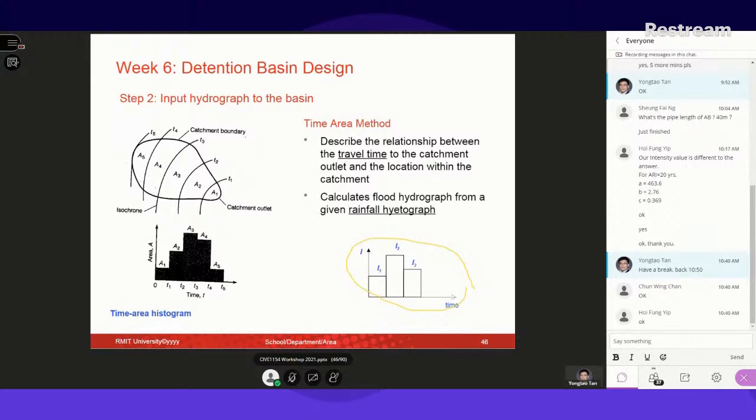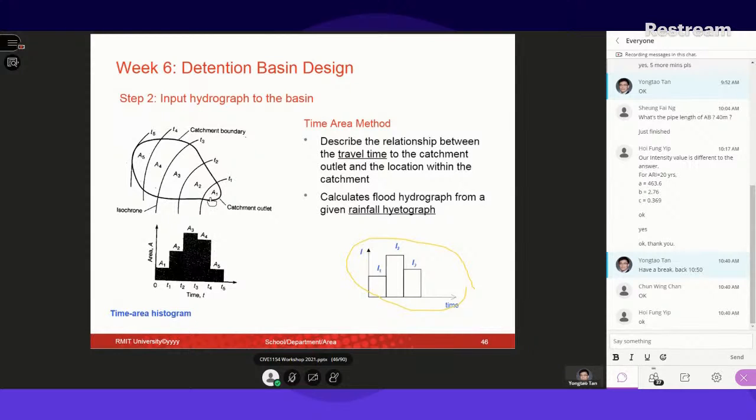Now for the rural catchment, isochrone lines are used based on the travel time to the catchment outlet. For example, here we use the isochrones to divide the catchment into 5 sub-catchments, A1, A2, A3, A4, A5, because they have different travel times to the catchment outlet.